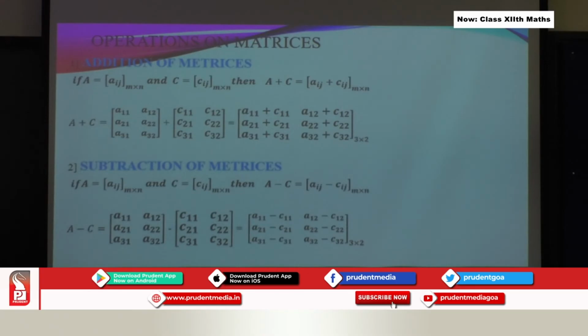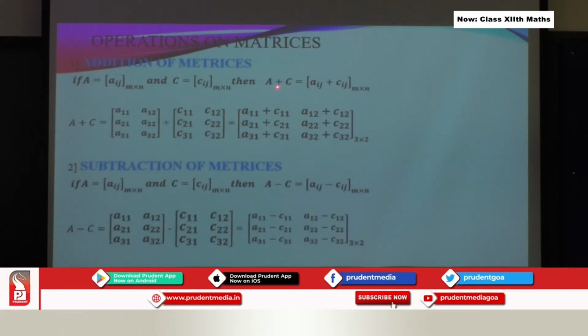When you talk about addition of matrices, I take matrix A and matrix C. You can see the order of the first matrix is equal to the order of the second matrix. This is a very important criterion. When you add two matrices, the order has to be the same, otherwise the addition is not possible.